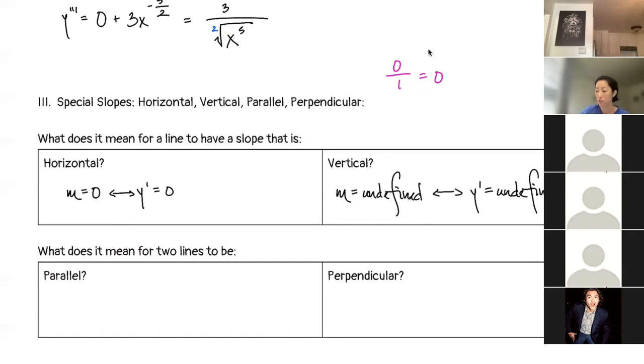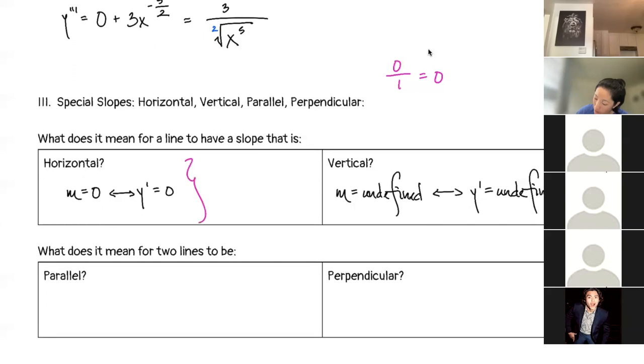If I have a fraction, how can I guarantee that I'm going to get 0 as what the fraction is equal to? Okay, so we have, yes, okay. So anytime we have 0 in the numerator, okay?